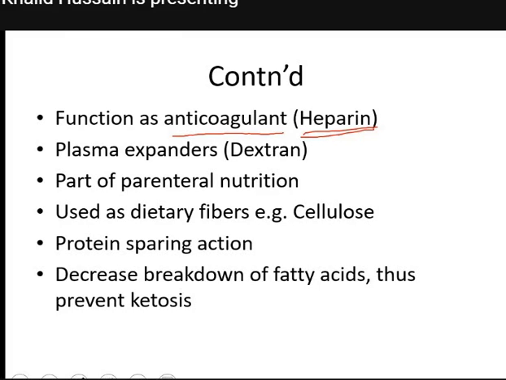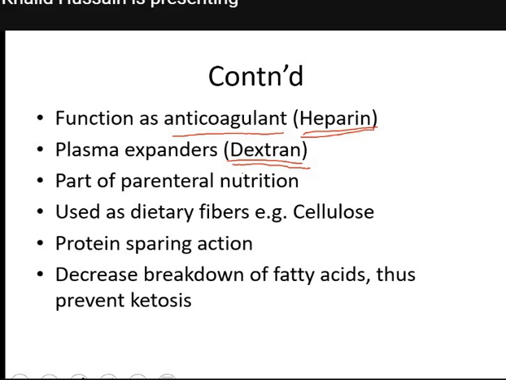The carbohydrates also act as plasma expanders. The example is dextran. Plasma expanders are the substitutes of plasma. If a person has some injury or there is blood loss, there is a need of plasma.